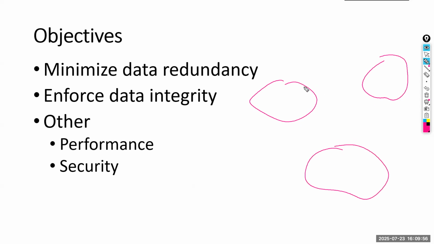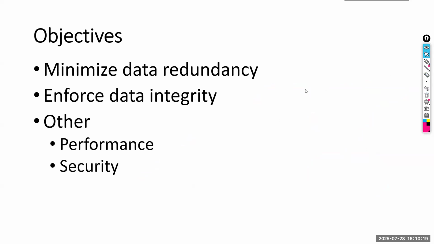Ideally your data must be interconnected. That is super important. And other than that, we need to think about performance, security, and some other aspects of data management as well. Right? So that is what we want to do.